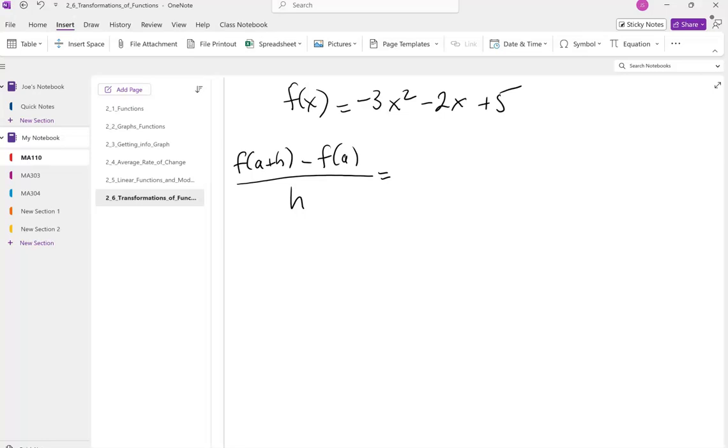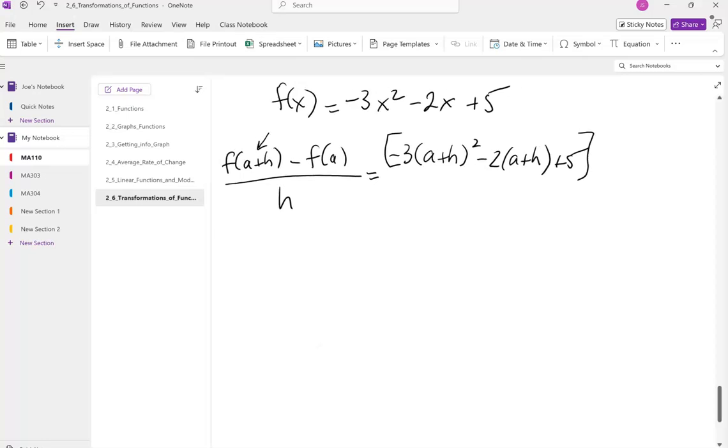Again, when you see f of a plus h, what does that tell you to do? Plug it in for x, right? So I'll have negative 3 times the quantity a plus h squared minus 2 times the quantity a plus h plus 5. That's the first part, right?